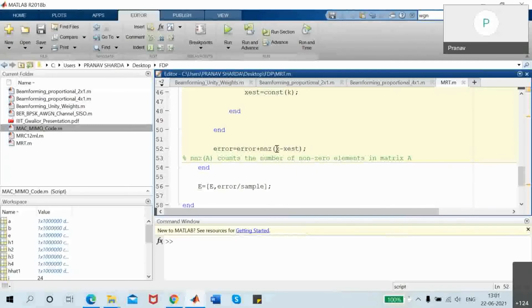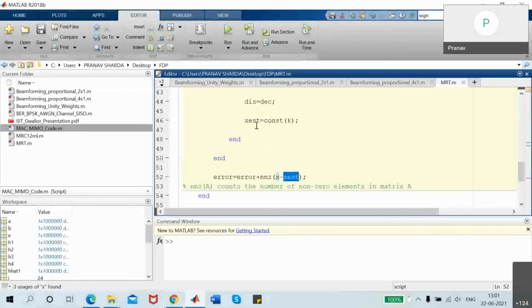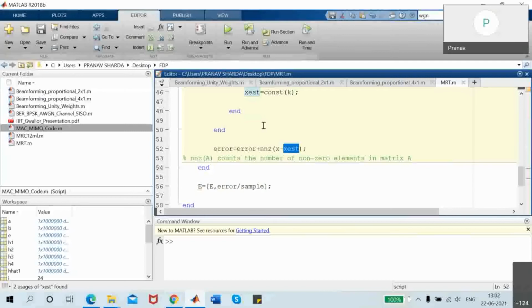So x is the actual transmitted symbol, and x estimate is the variable we have defined here, the decoded symbol. When you take the difference of these two, if the difference is 0, it means both are the same, so there is no error. If the difference is non-zero, it means both are different, so there is some error, and we are interested in counting that error corresponding to the non-zero value.